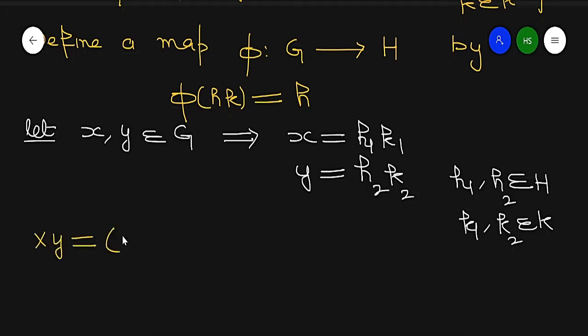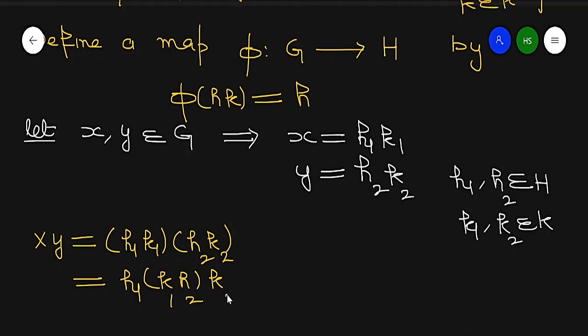So what is this product? This product is h1 k1 into h2 k2. Since it is an internal direct product, H and K commute with each other. So this can be written as h1 k1 h2 k2. One is from K, second is from H, so they commute. If they commute, I get h1 h2 k1 k2.